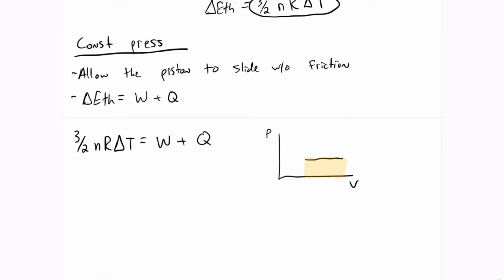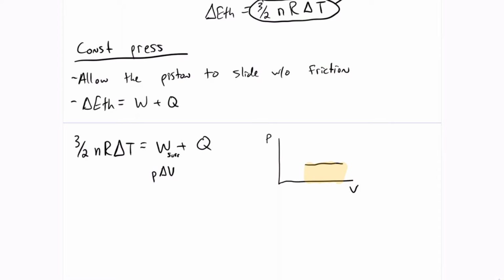The work would be negative work by the gas. We remember this work is really the work the surroundings does on the gas. So we could use that, or we can remember that the work by the gas for a constant pressure process is just going to be equal to P delta V, and so we can just plug that in.